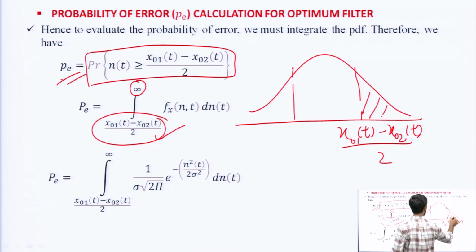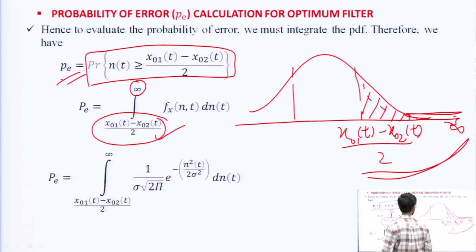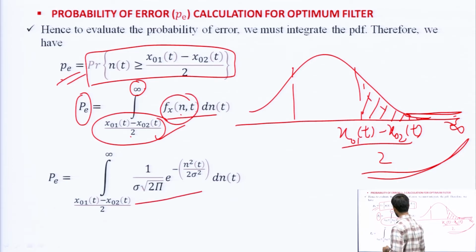This is the Gaussian distribution, and I have to find this area, because this is the probability of error area. So I find the probability of error by integrating the PDF between these limits, with dn(t).